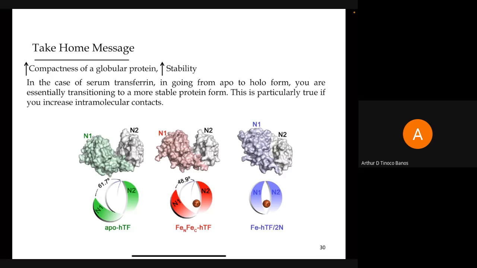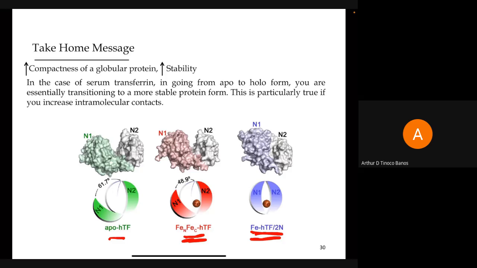Here we get a perspective of a single lobe, the N lobe, for the metal-free form, then the metal bound to one lobe in an open conformation, and then metal bound to both lobes, in this case the N lobe in a closed conformation. So here we're looking at the N lobe in the open conformation and then the closed conformation. Here we expect an increase in stabilization of the protein.